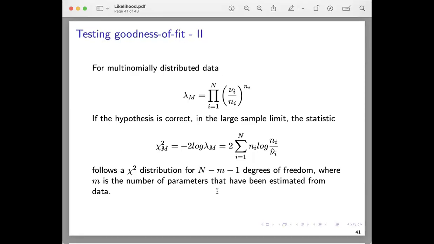So from the observed value of this chi-square, and knowing the number of degrees of freedom, you can now say whether our maximum likelihood fit was good or not.